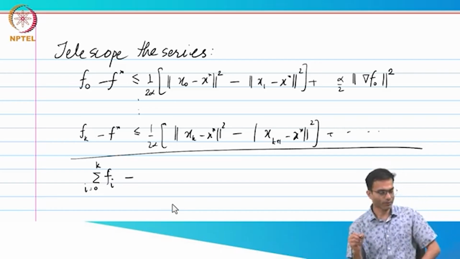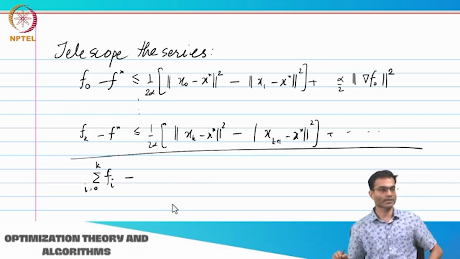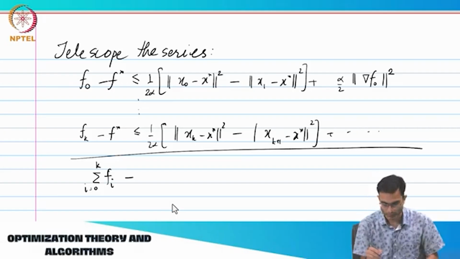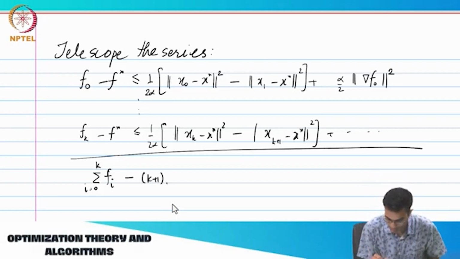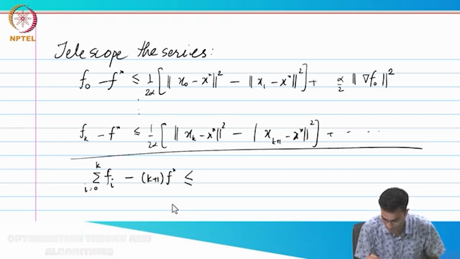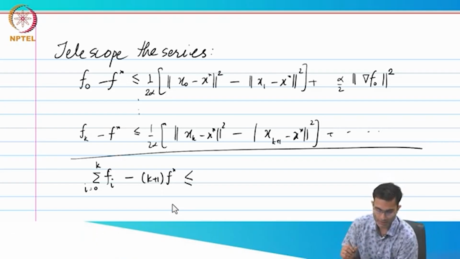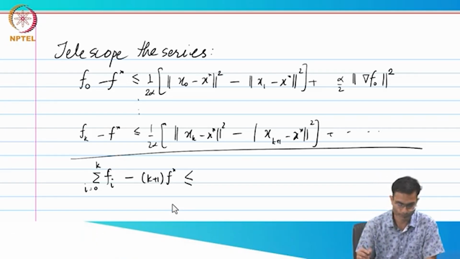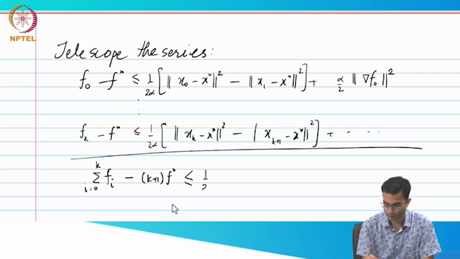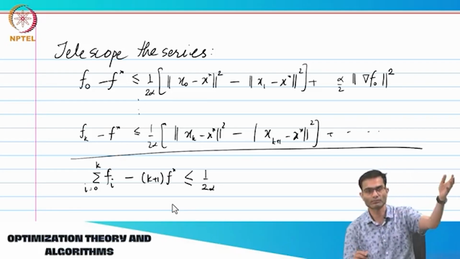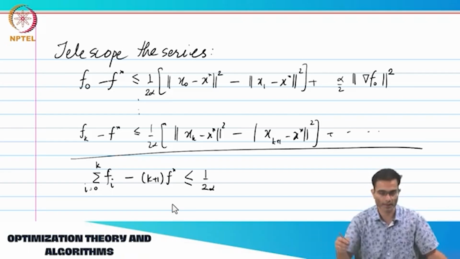And what else do I have? How many times has this guy come? K plus 1 times. Okay, so k plus 1 times f of x star. What is left over here? 1 by 2 alpha. The first term and the last term. Those are the guys that don't cancel off.